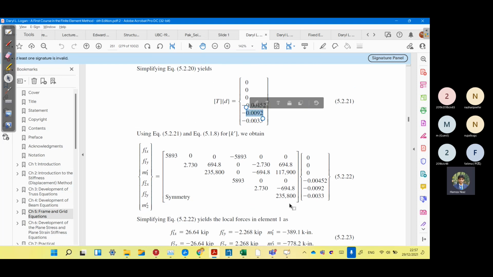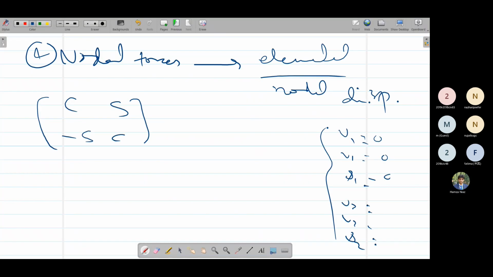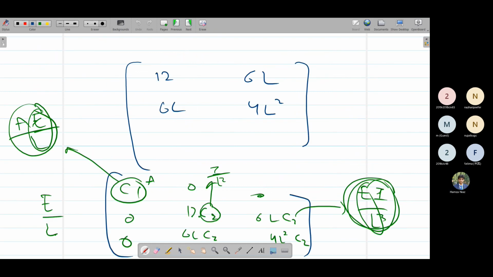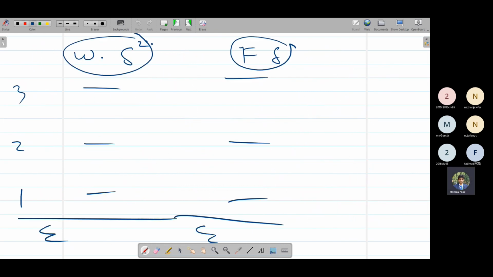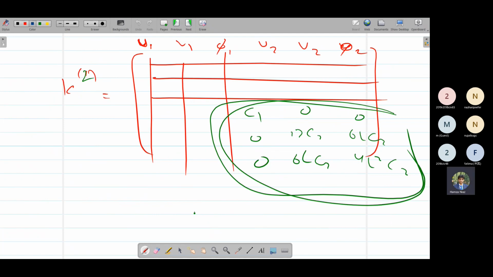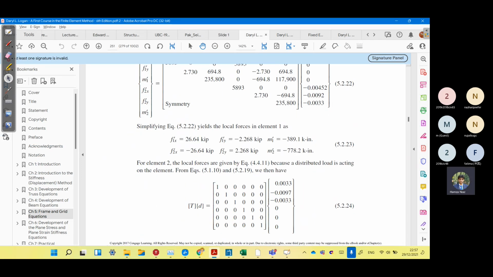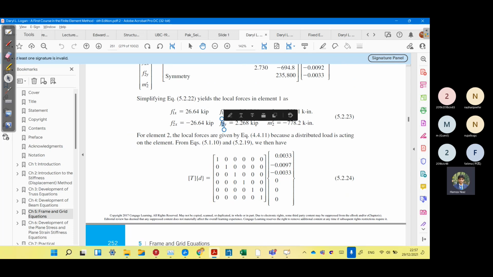After this, we can use the simple K times U1, V1, Phi1, U2, V2, Phi2, and these are in the local coordinate system. This K is also in the local coordinate system. So by simply multiplying this, we get the local forces.